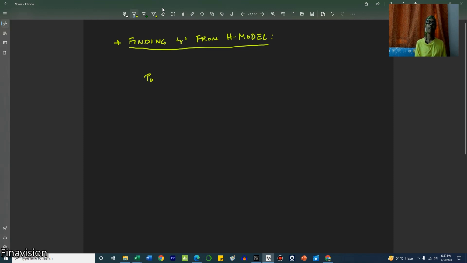Therefore, the H model expression becomes P0 is equal to D0 into 1 plus GL by R minus GL, that is the required return minus the long term growth rate, plus D0 into H into GS minus GL, or short term initial growth rate which declines to the long term growth rate, divided by R minus GL, right?